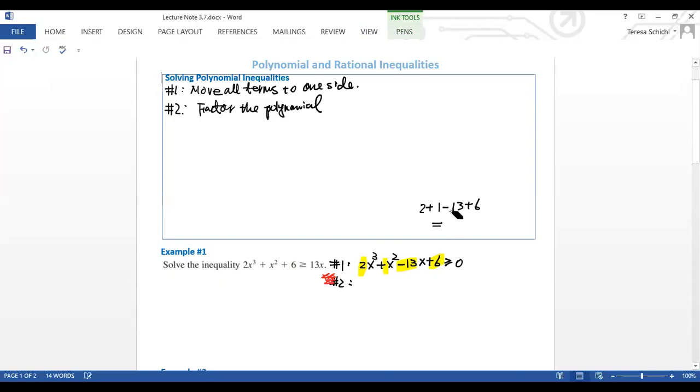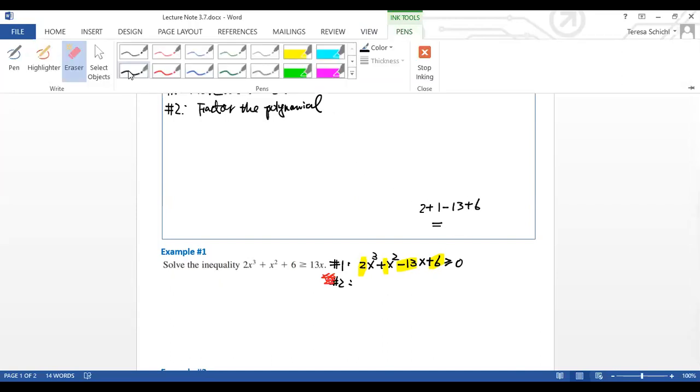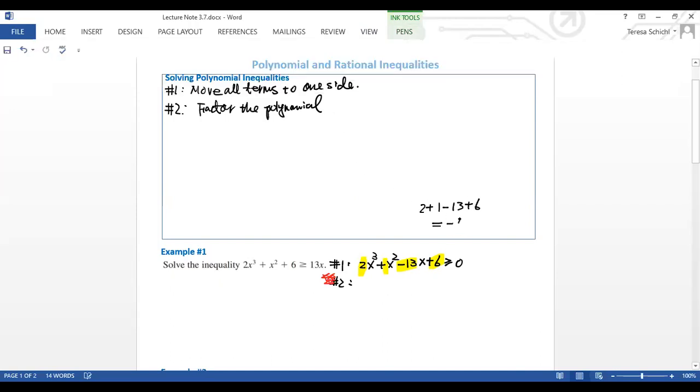Negative 10 plus 6 is negative 4. So because it's negative 4, I will probably be able to factor out 2 or negative 2 or 4 or negative 4. Why? Because 2 times 2 is 4. So it's possible; I don't want to say it's absolute.